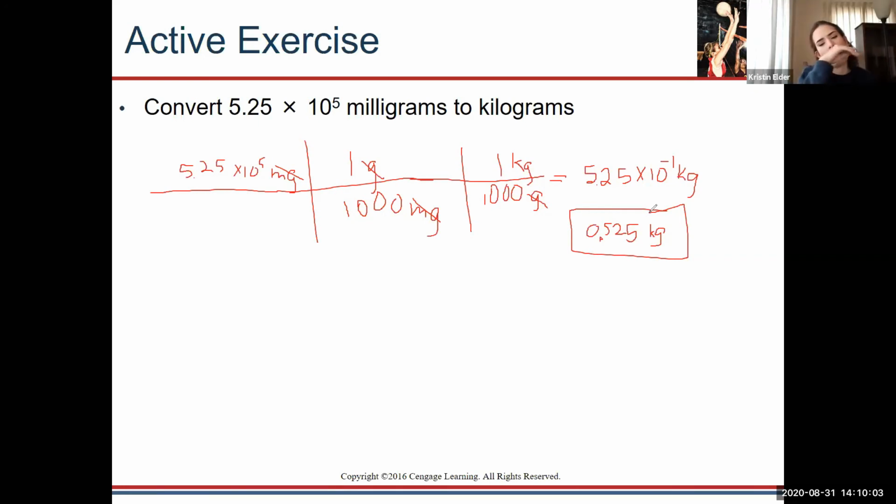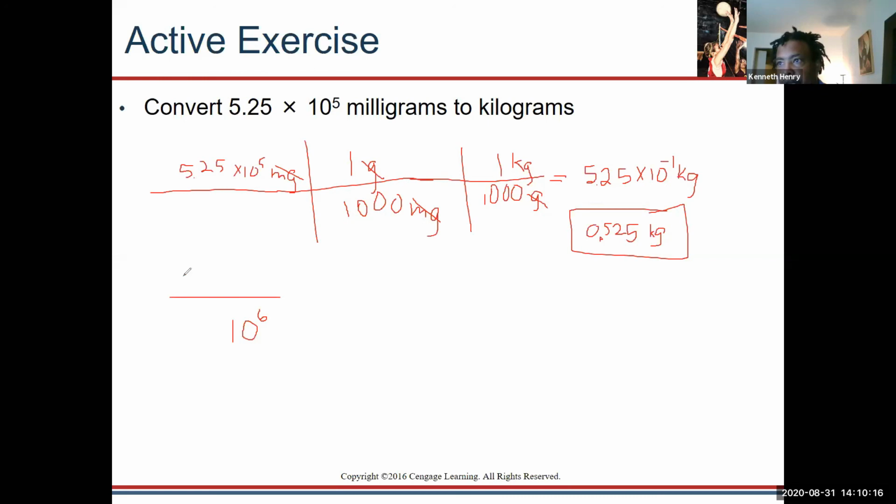How did you get that from the problem? Like, so there's a million on the bottom. And so that's 10 to the minus 6, right? And this is 5.25 times 10 to the 5.